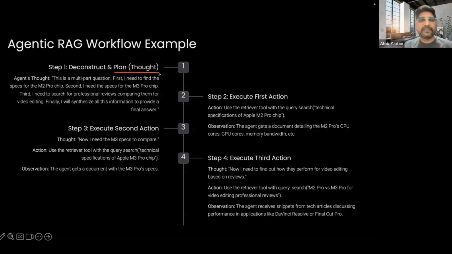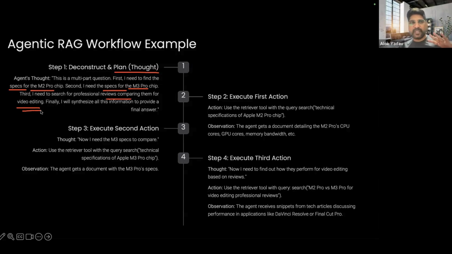Subtasks could be looking into the M2 Pro chip specifications, then looking only for the M3 Pro chip. One time you focus on M2, one time on M3. And one part would be looking into video editing reviews, finding reviews comparing both of them. So maybe three tasks.